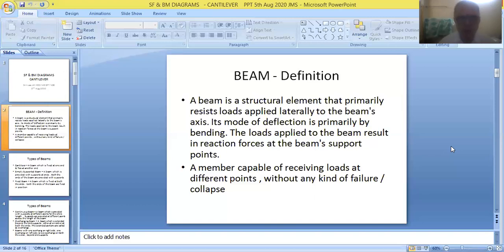So this element must be in a position to withstand all the loads acting at all the points or different points on the top surface of the beam. So this is about the definition of a beam.